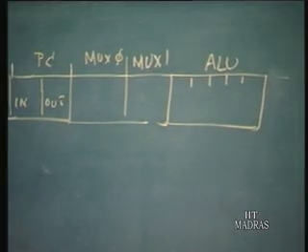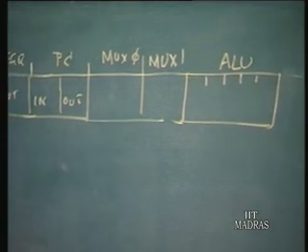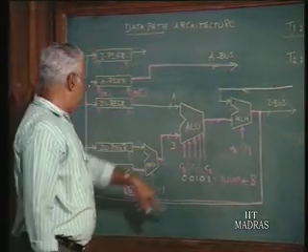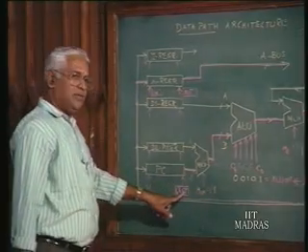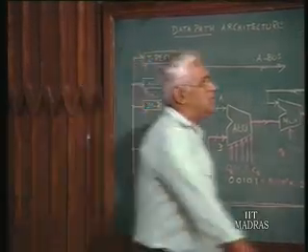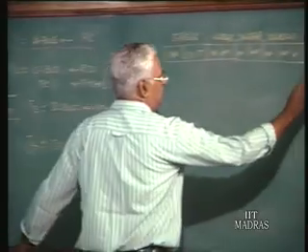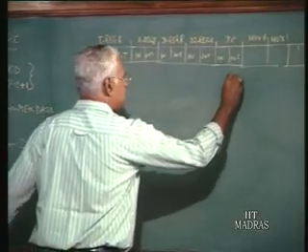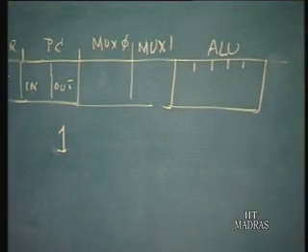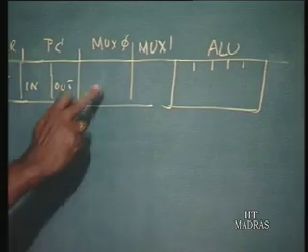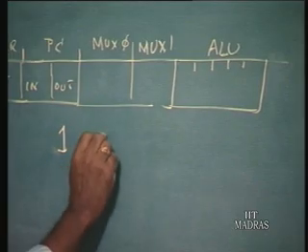Now, to see that this data path is set up during T1, essentially we start with this. PC out must be 1. Then mux 0 must be 1.